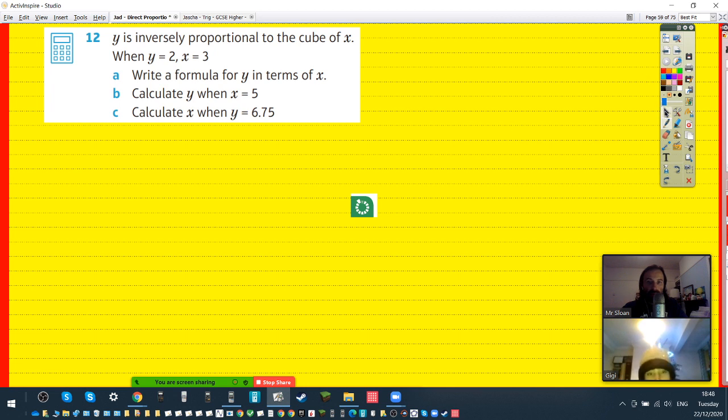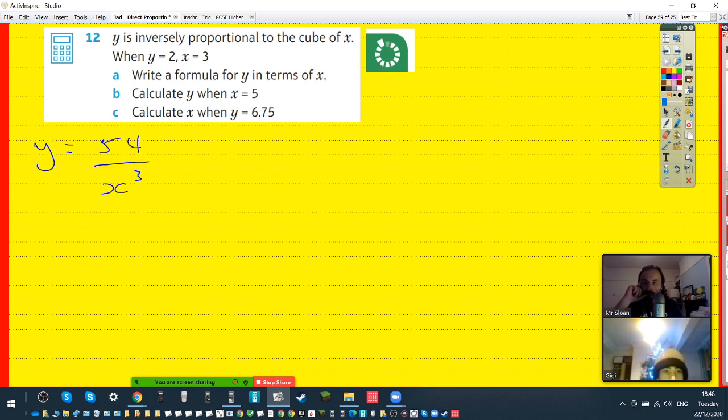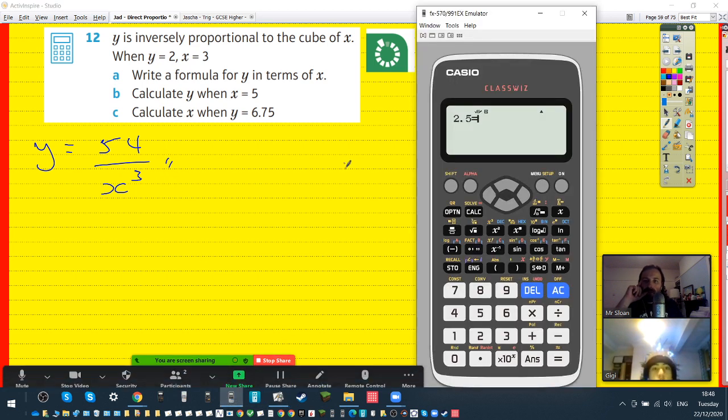Okay, let's try this one. y equals 54 over x squared. I mean x cubed. Yeah. Okay.